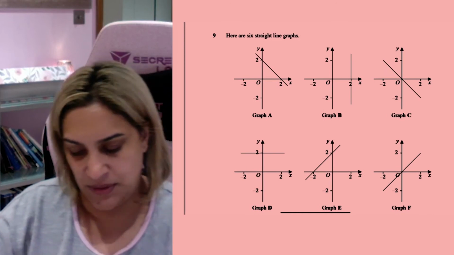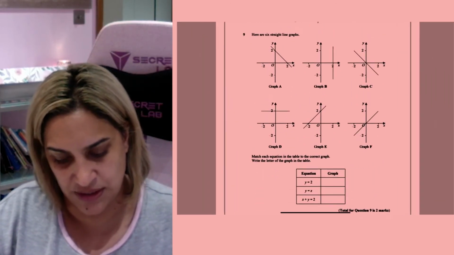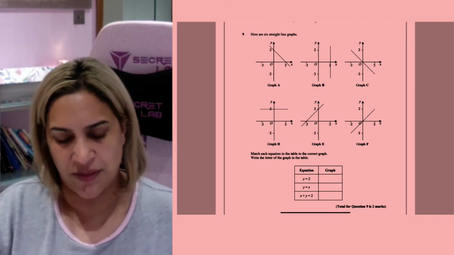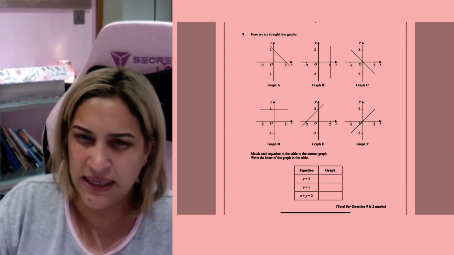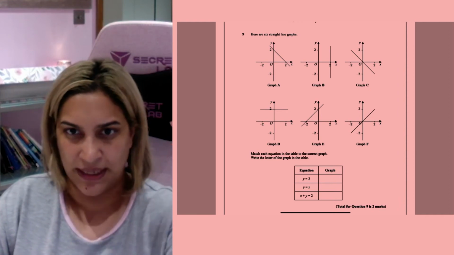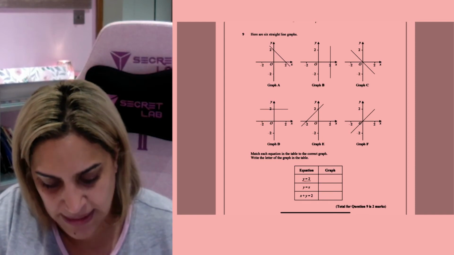Okay, let's make this a bit smaller so you can see this. Right, so we've got some graphs and we've got to decide which ones are which. Right, so let's try think logically. We know that y equals mx plus c. We know this is my y-axis, this is my x-axis. So let's take this one, y equals 2.